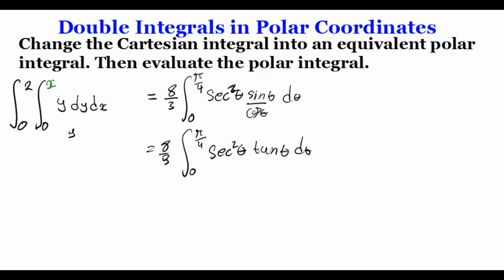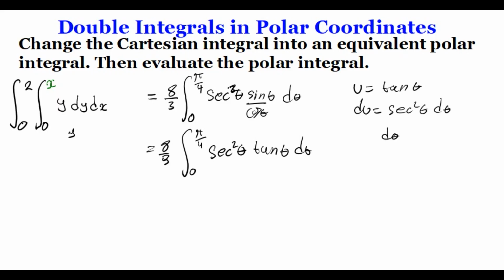How can I continue from here? So maybe the first mistake that I can make right now is thinking I need to substitute with maybe some trig identity or something, but that's actually not the case. So I can use u substitution. I can let u be equal to tan theta, meaning du will be equal to sec squared theta d theta.